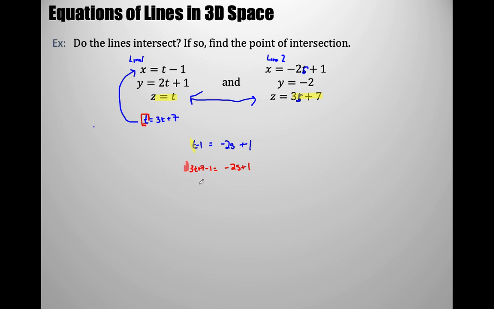Sorry, that's an s. I keep forgetting I changed them to s's. So let me write that again. 3s plus 7 minus 1 is equal to negative 2s plus 1. So I get 5s, this is plus 6. 5s is equal to negative 5, right? Because that's a plus 6, and I'm going to subtract 6 from this side. So s is equal to negative 1.